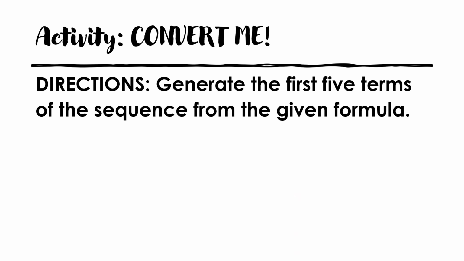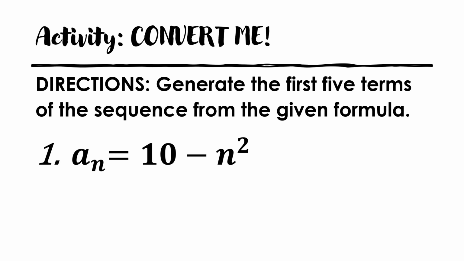Convert Me. Generate the first 5 terms of the sequence given the formula a sub n is equal to 10 minus n squared. Take some time to pause this video to answer number 1. Number 2.